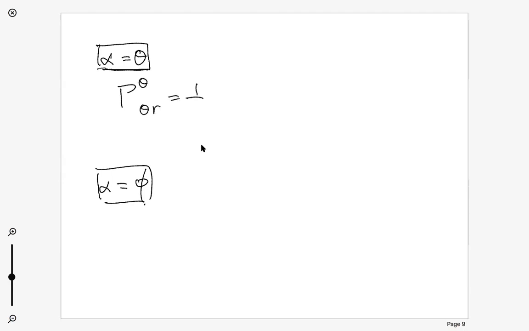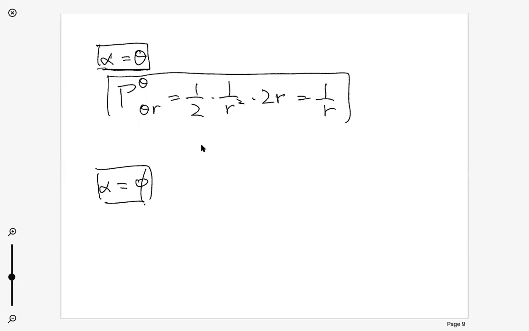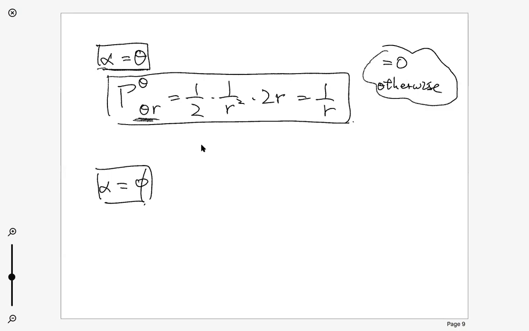I really strongly encourage you to try this out for yourself after the intensive class. It's equal to 0 otherwise, where otherwise means beta and gamma not equal to theta and r. And for the alpha equal to phi case, the only non-zero term would be the theta phi phi component, which is something like this.